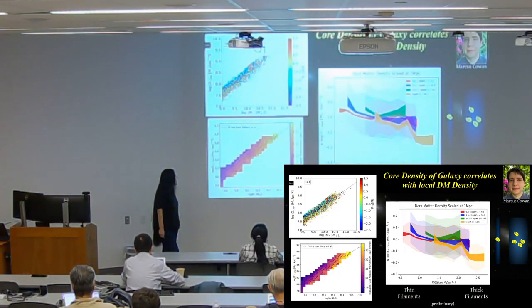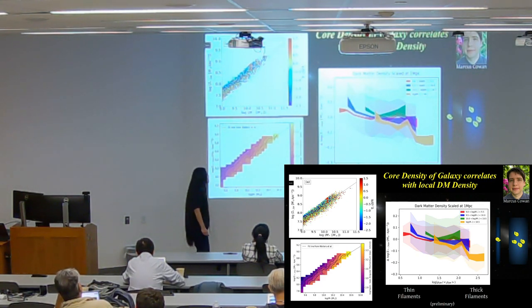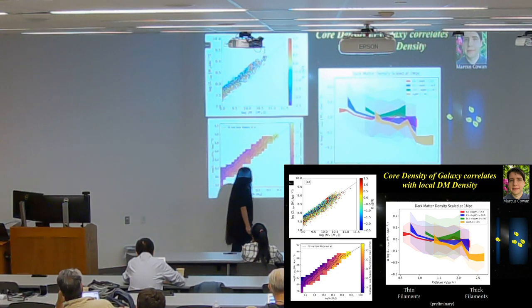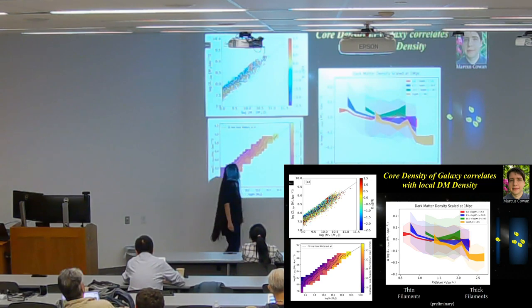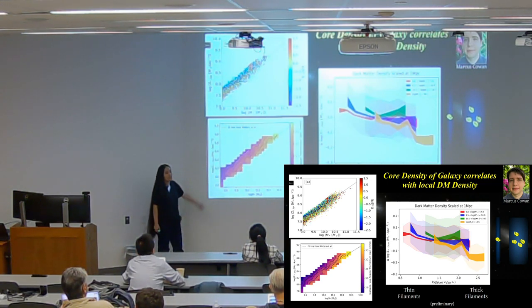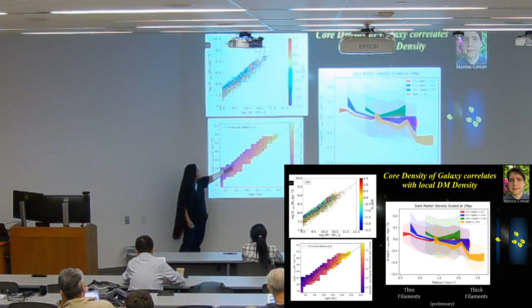And not only that, this is another result from Marcus. Here on the y-axis, I'm showing the distance from the best fit line of the core density versus M star plot. The little arrow shows the distance from the line.